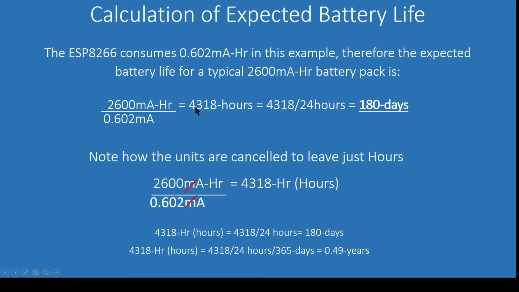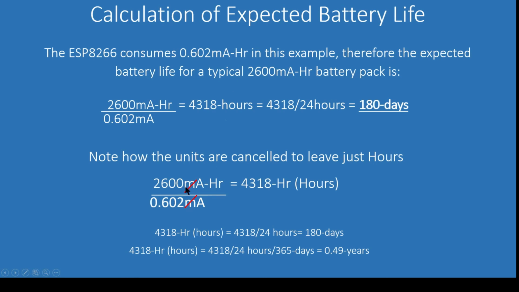In this case 4,318 hours or 180 days. So my typical server example of waking up, sending data and then going back to sleep, that battery would last for 180 days.